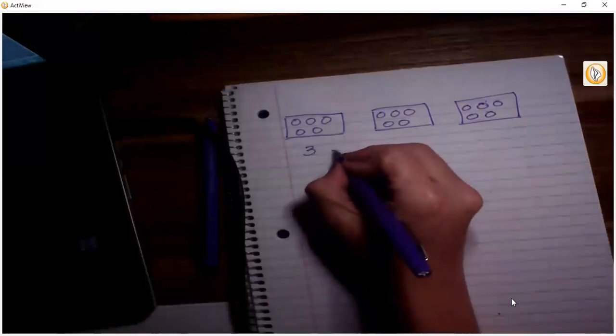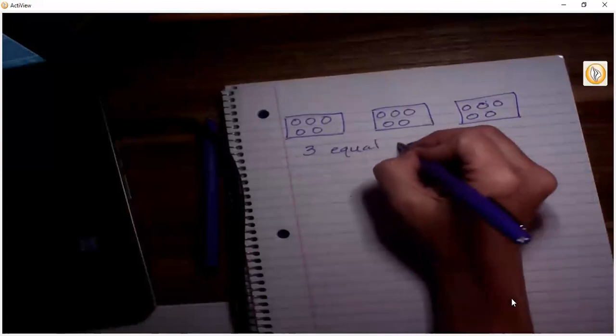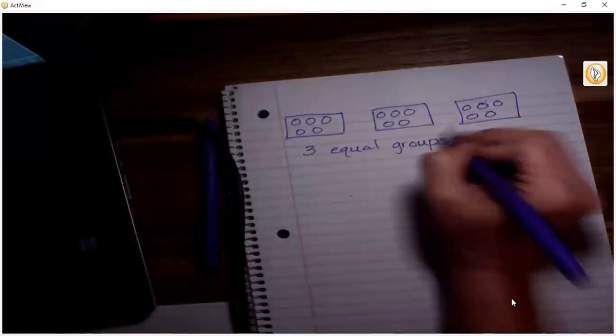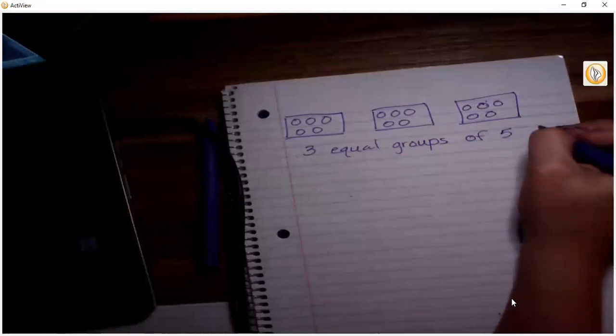Okay, so what do we have here? We have equal groups. They all have the same number. So we have 3 of those groups, and they are, like we said, equal groups of 5 donuts. There's my little donut picture.